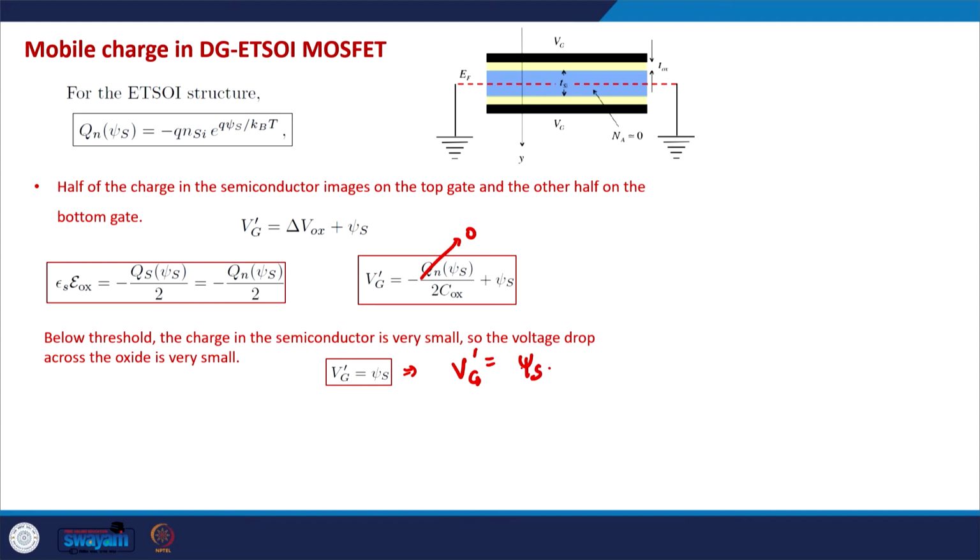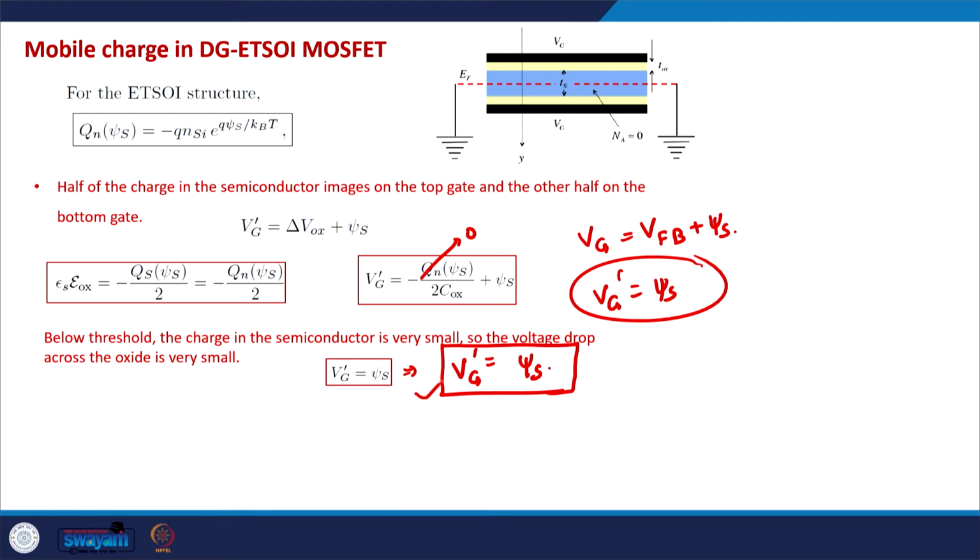So in DG-ETSOI MOSFETs, below threshold voltage, the semiconductor potential is equal to the gate voltage, if we are not considering the flat band voltage. Otherwise, Vg will be VFB plus psi s, or Vg prime is equal to psi s.